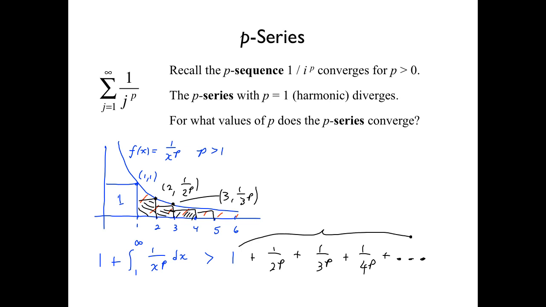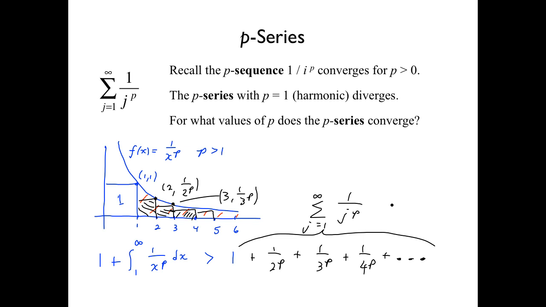And so what is that right there? Can we use summation notation to write out what that is? Well, it's this, right? It's just the sum from j equals 1 to infinity of 1 over j to the p. And how does it compare to the red area under the curve plus the 1?